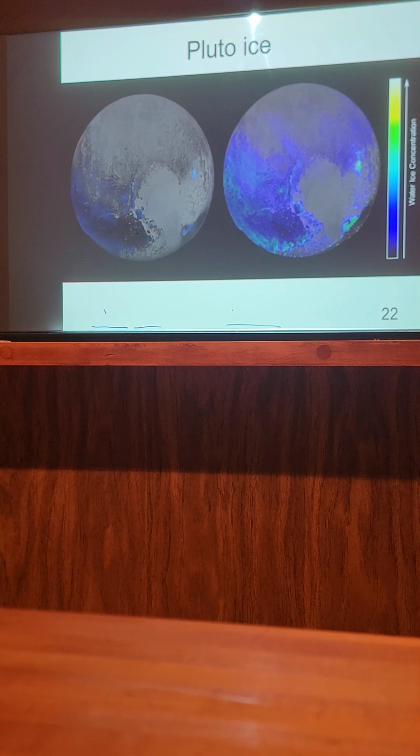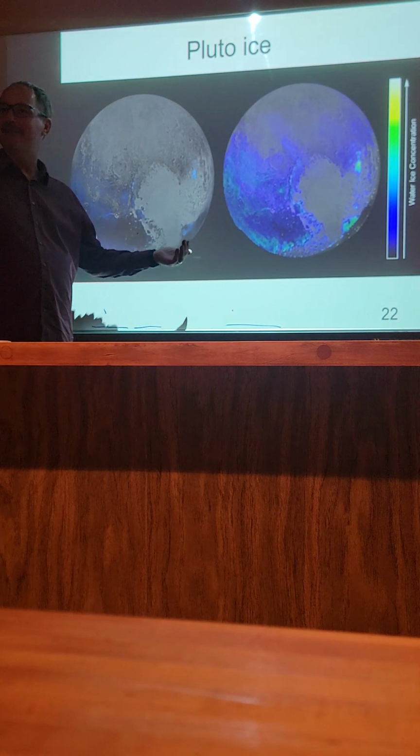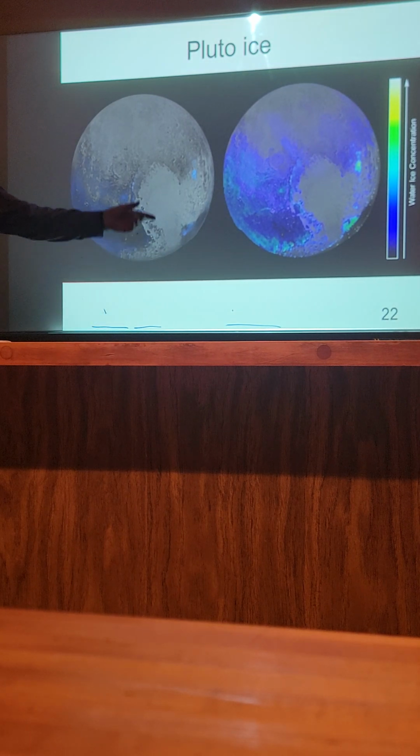Pluto has been found recently, not that long ago, to have some ice. By the way, the reason Pluto is not considered a planet, some people really got hung up on that, is that it hasn't cleared out its orbital path of all of its debris. And that's one of the definitions of a planet that astronomers like.